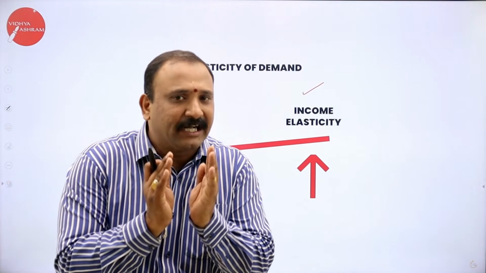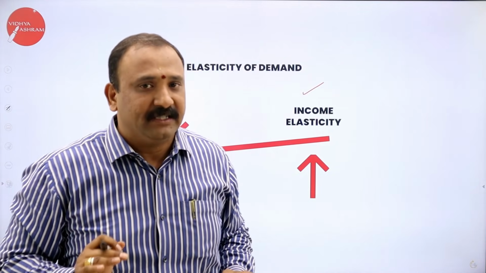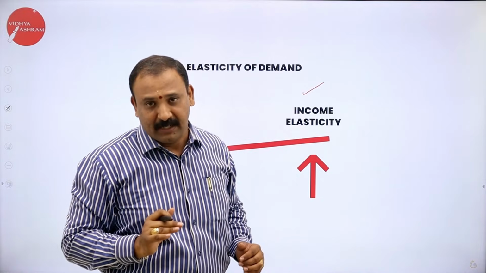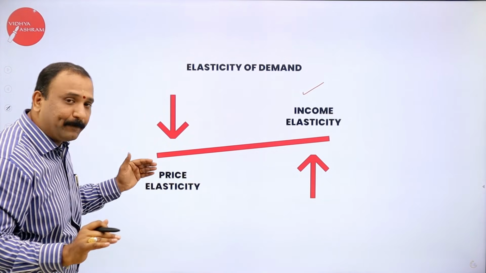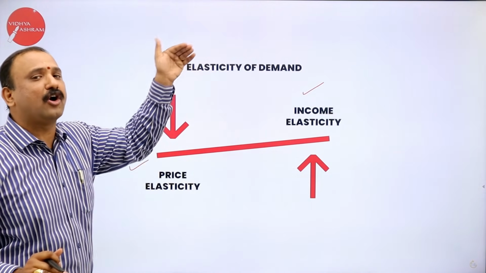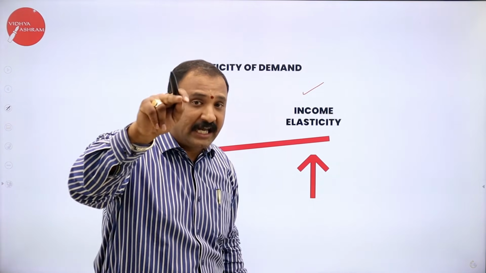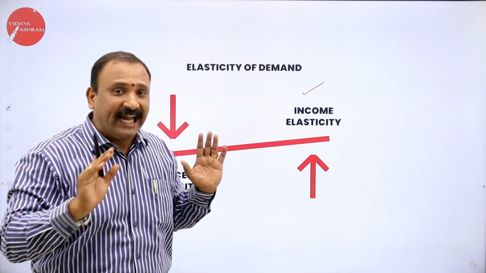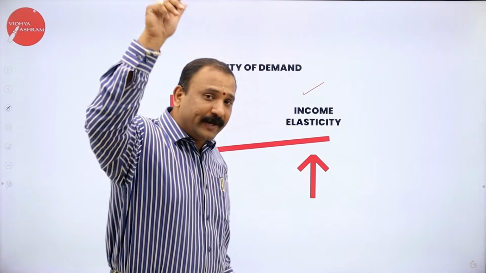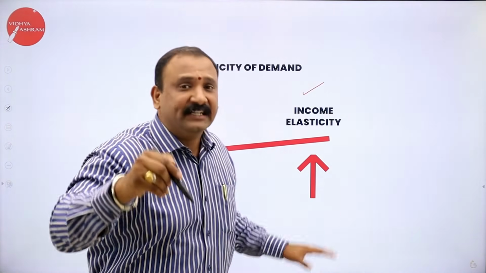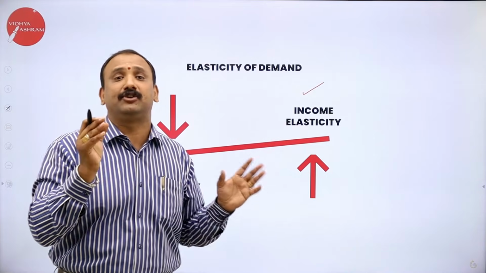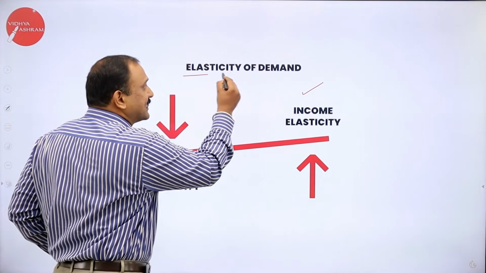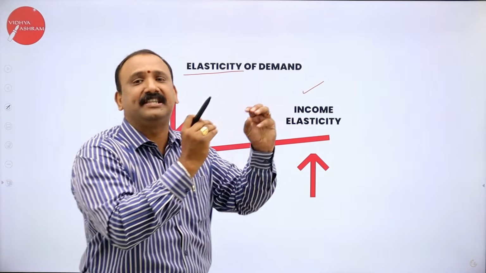So the moment the income of the consumer goes up, there will be a change with respect to the demand of the product. Similarly, when there is a price fluctuation, increase or decrease of price related to the product, that is one which we need to keep in our minds always. Income or price always related to the product, there will be a shift in the demand. So that's where I'm going to use the word elasticity, which means there is a flexibility, there is some change that is happening.